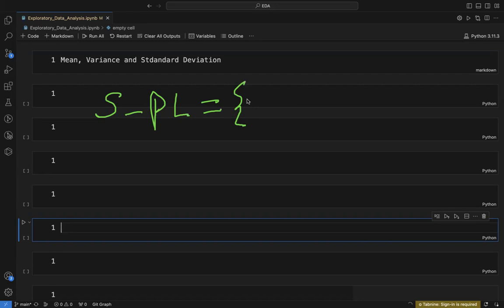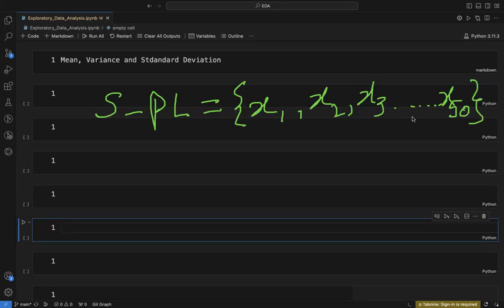So let's call them x1, x2, x3, and so forth till x50. These are my 50 observations. It's a set of 50 observations here, n is equal to 50. We already know this.